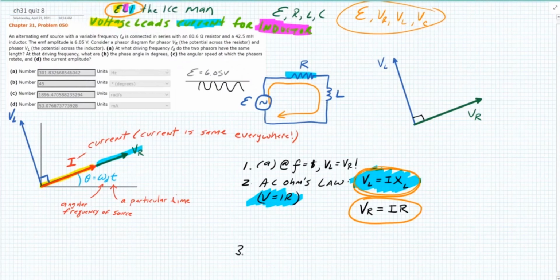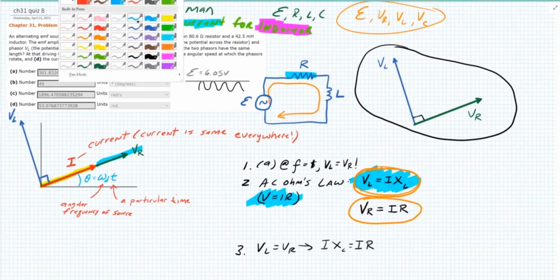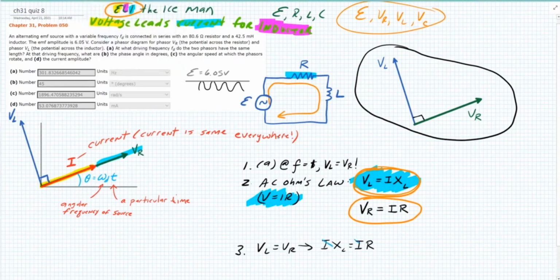Number 3. All right, so the question, at what driving frequency do these two phasors have the same length? So I'm keeping my eyeball on the green vector and the blue vector. Okay. So if VL equals VR, that means that I times XL equals I times R. Low-hanging fruit, you can see how the current cancels.